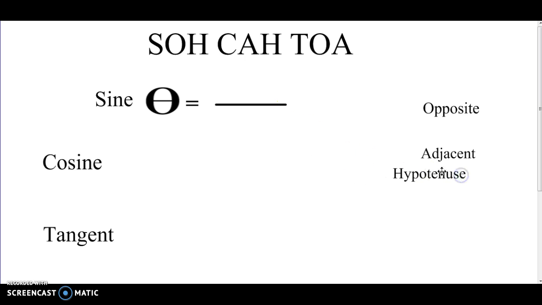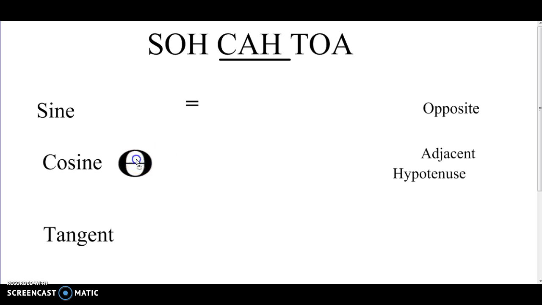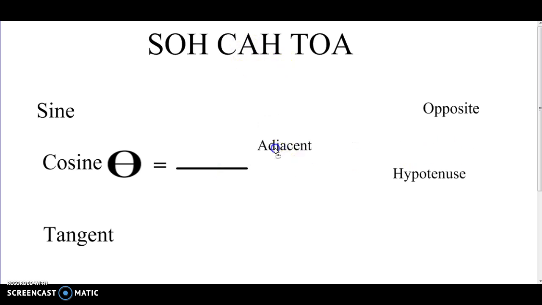Talk about the next one. So the next one we're going to talk about is cosine. So the cosine of an angle, again, we call this symbol theta, it represents an angle measure. So cosine of theta, or an angle, is equal to, and in this fraction, we have A, which represents the adjacent side length over the hypotenuse.